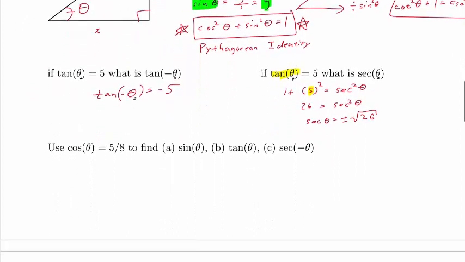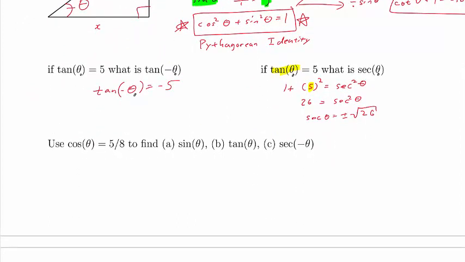Let's go on to the next. We're down here now. Use cosine theta equals 5/8 to find the following: sine theta, tan theta, and secant of negative theta. All right.